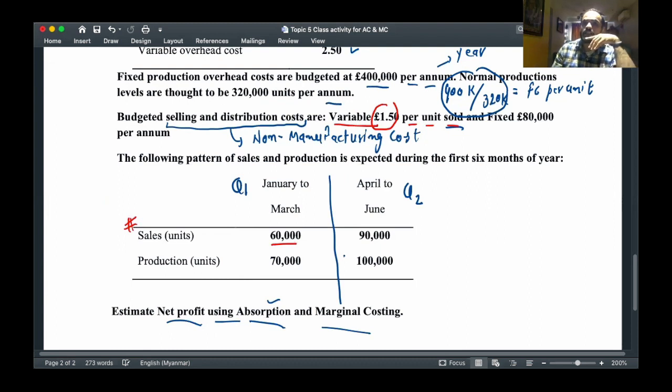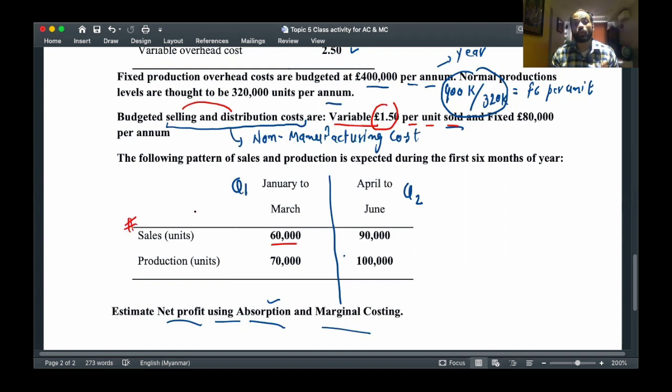60,000. Because this is selling and distribution cost. Selling and distribution cost does not depend upon how many units we produced. Selling cost and distribution cost are related to your selling units.